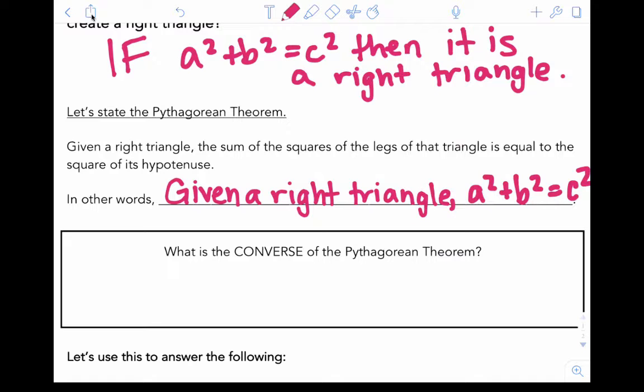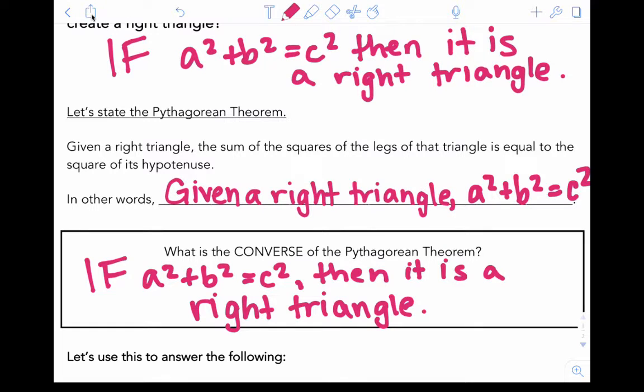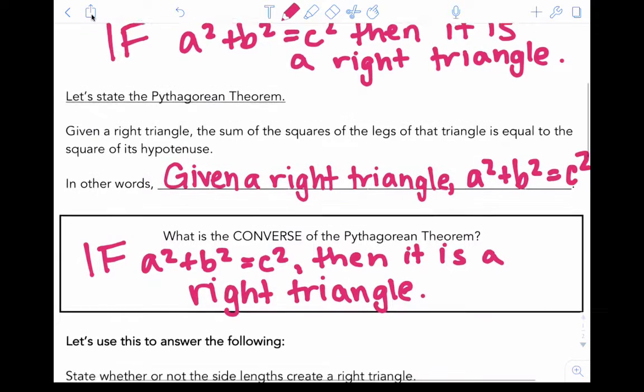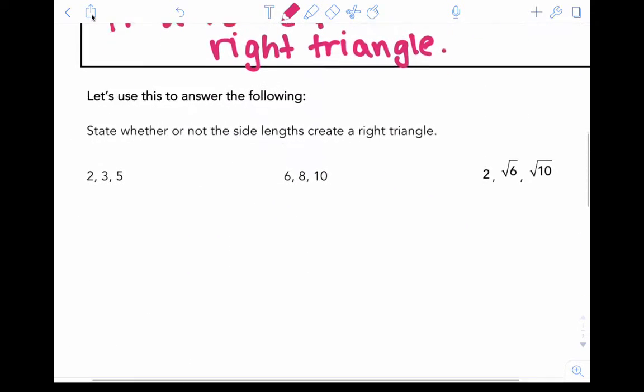So instead of saying that we know it's a right triangle, so then we know that a squared plus b squared equals c squared, the converse says if we know that a squared plus b squared equals c squared, then we know it's a right triangle. Okay, so let's use this to answer the following problems.